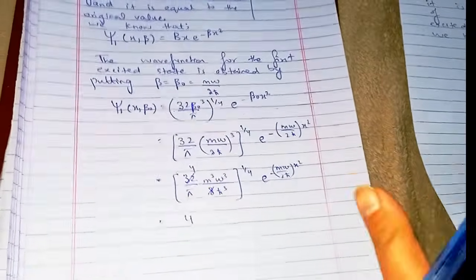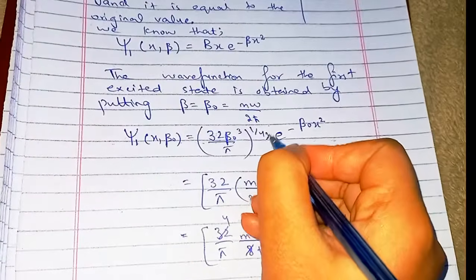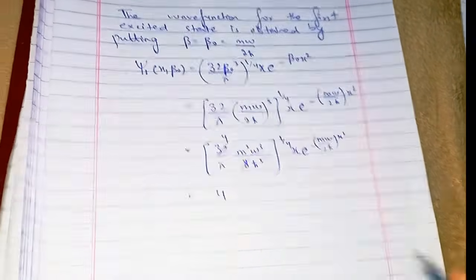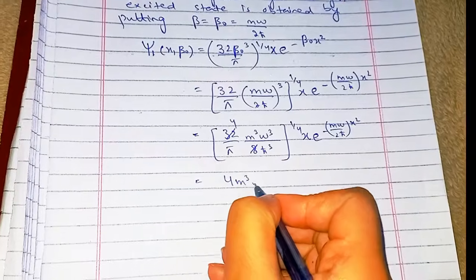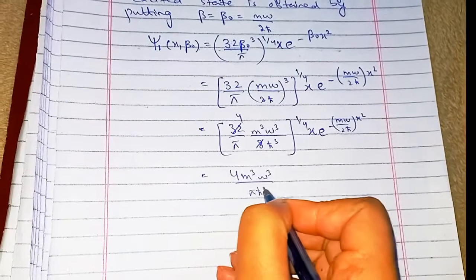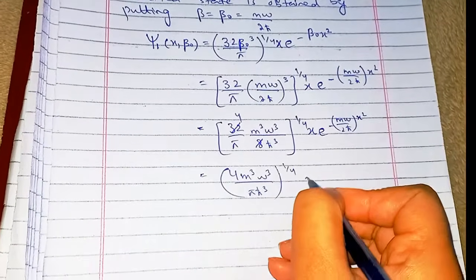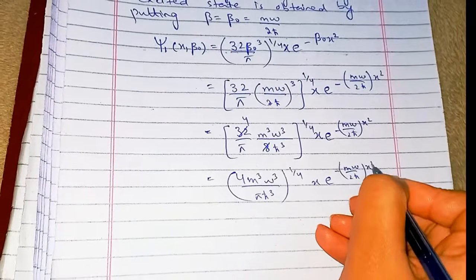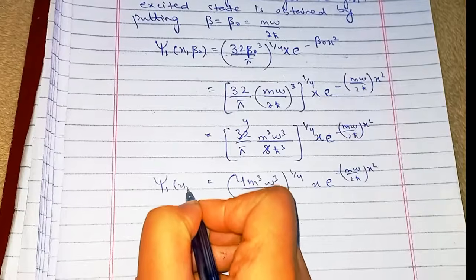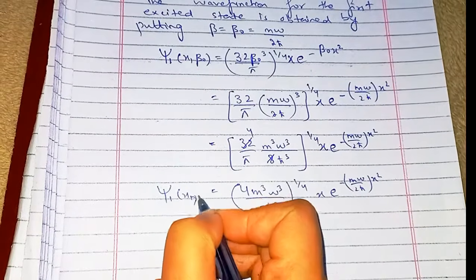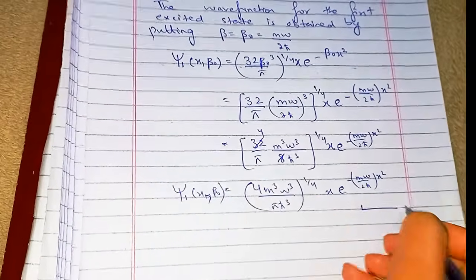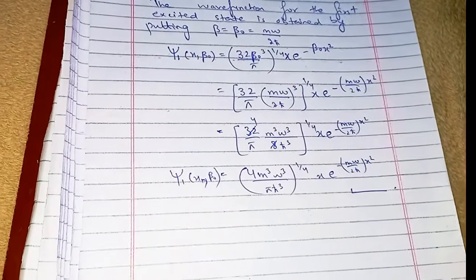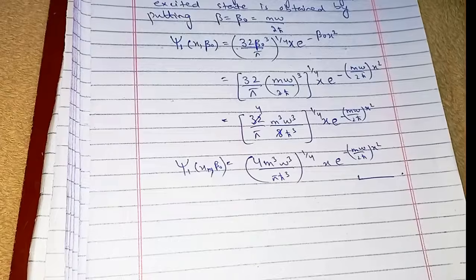One mistake that I always make, it's x here as well. So 4m cube omega cube by pi h cut cube, whole power 1 by 4, x e to the power minus m omega by 2h cut x squared. That is the wave function for the first excited state. Okay, this is the wave function for the first excited state, and it is in full agreement with the exact expression.